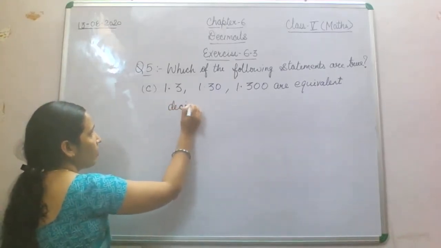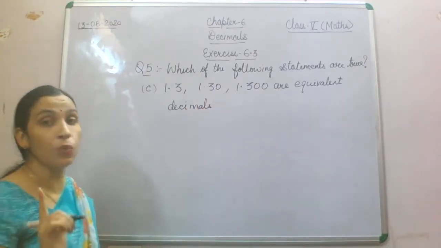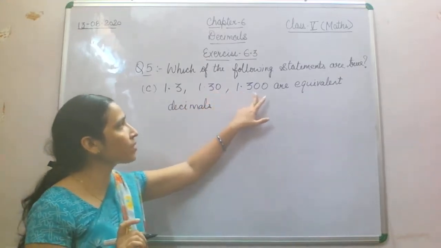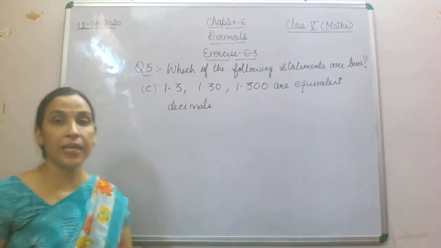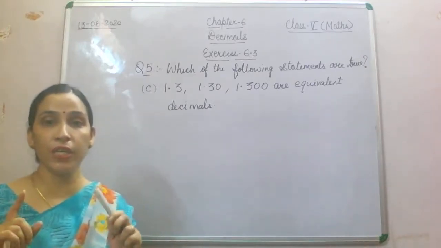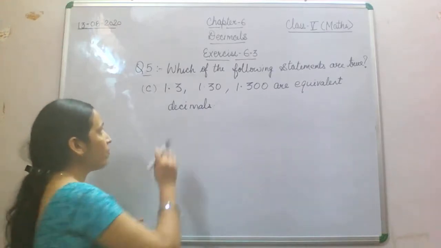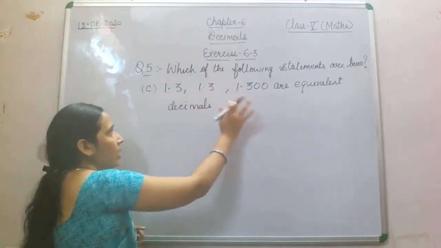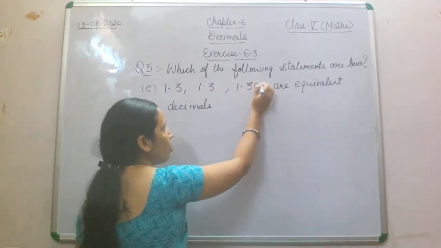Now we are going to revise a little bit this equivalent decimal which we did yesterday. What are equivalent decimals? Means the decimals which are equal. Fine. If I remove these zeros, the 1 zero and these 2 zeros, what will be your answer? Equivalent decimal means if you reduce it to the lowest term, what are you going to get? See 1.3 and this, we can remove this 0 and we can remove these 2 zeros, or we can put them also.